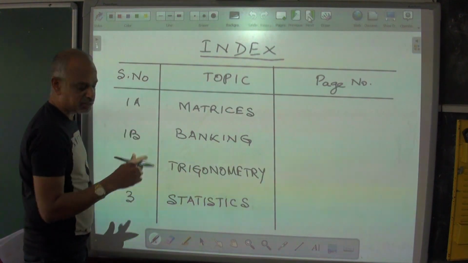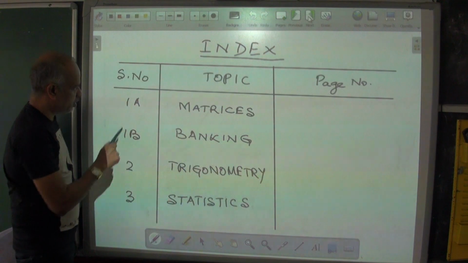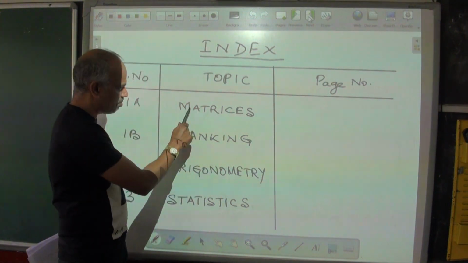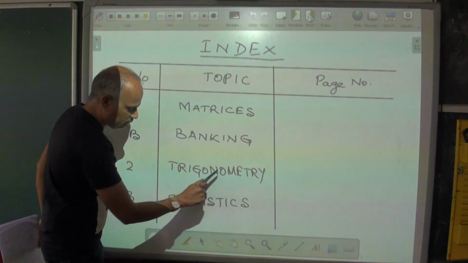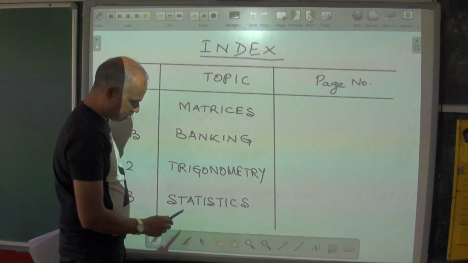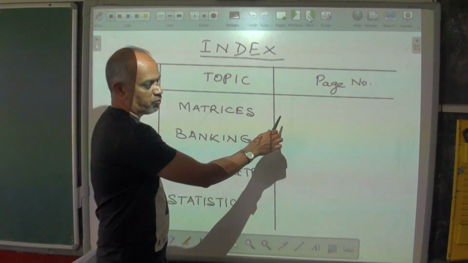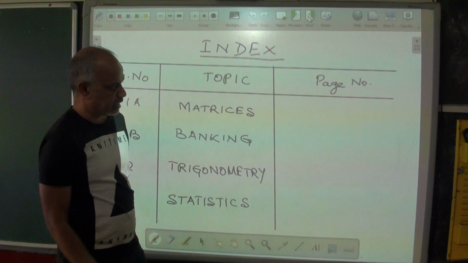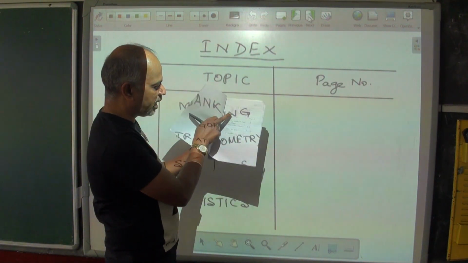There are 4 questions: Question 1A, 1B, 2 and 3. 1A is about matrices. 1B is about banking. 2 is on trigonometry and 3 is on statistics. Check the spelling, write accordingly. And from which page number to which page number you used each of these topics, that has to be entered. So that is your index.